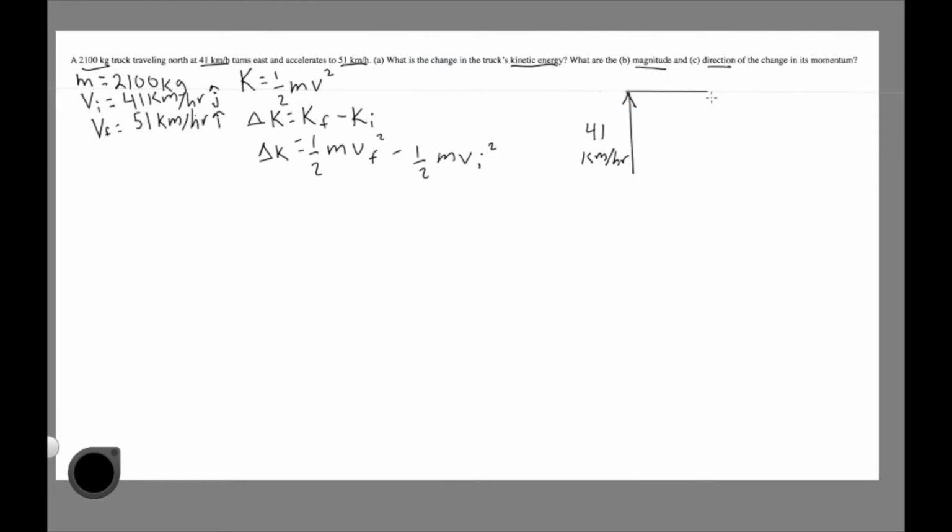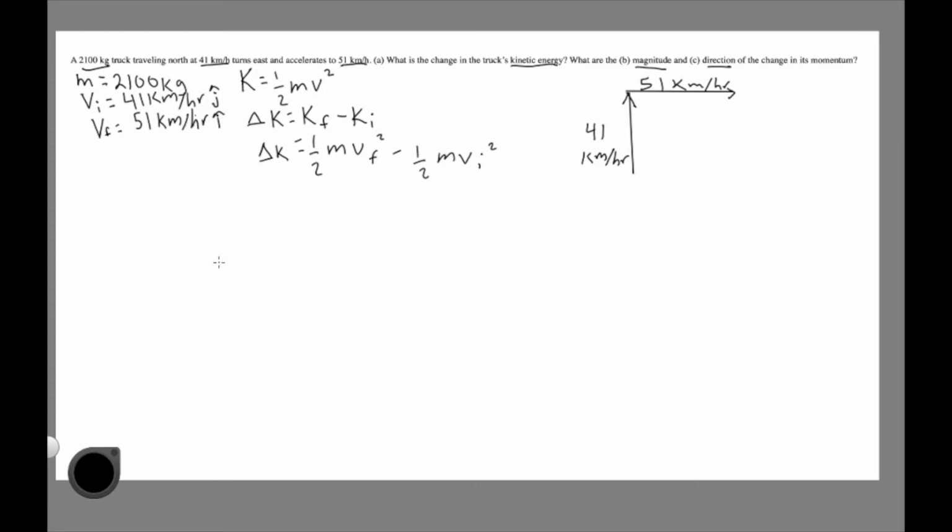So let's draw this vector right here, a little bit bigger than 41 since it's going faster. All right, so this is sort of a diagram of the truck's movement during this time period.